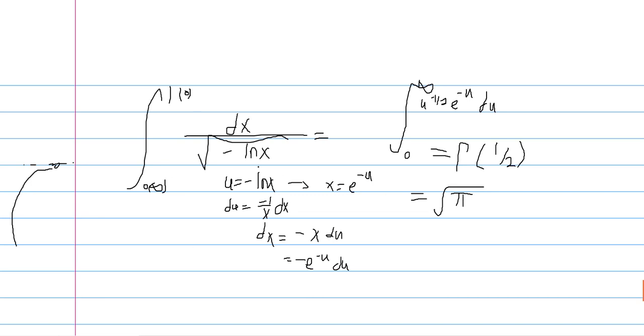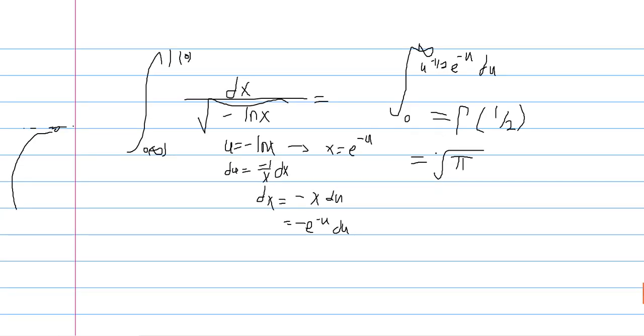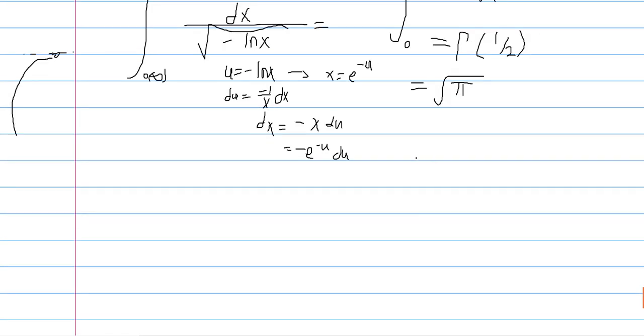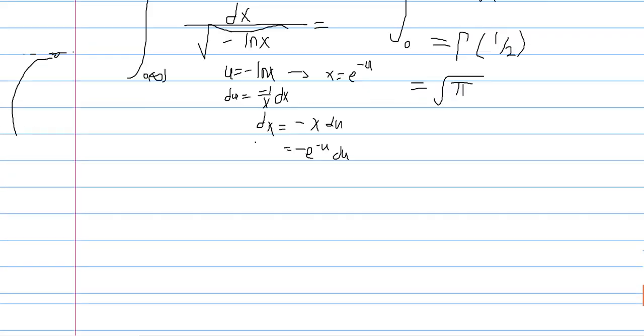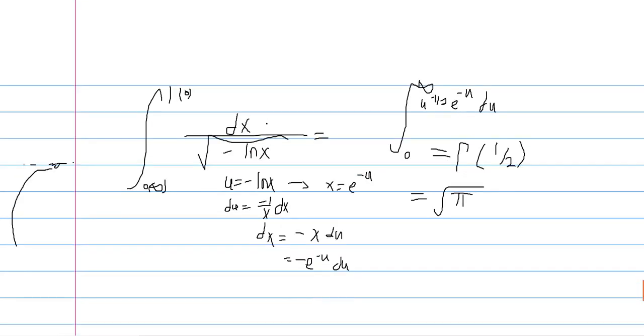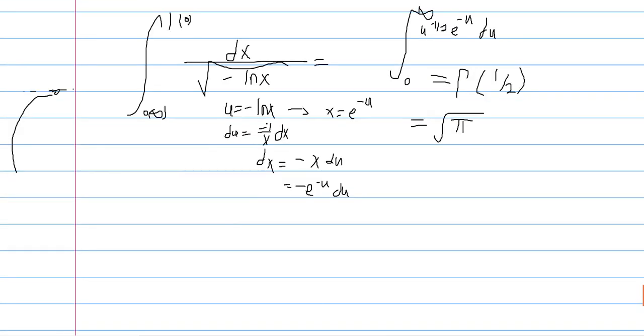So this definite integral is just equal to the square root of pi. And so I think that's going to be it for this video. Or I might go over one more example. Okay, I think we're going to do one more problem.